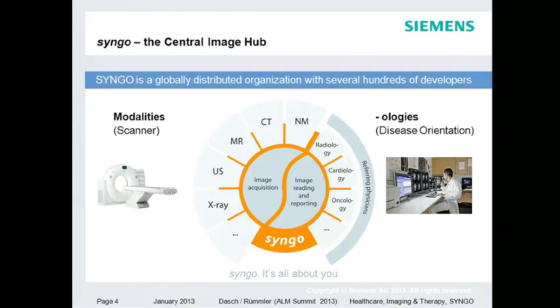In Syngo Wire, we have more than 1,000 active developers currently. On the left-hand side, you have all those modalities which create medical images. But whenever you have images, you need to enable the physician to read the images and to assess what is happening. And there are many dimensions to take care of.